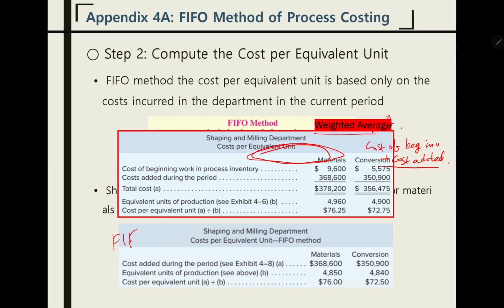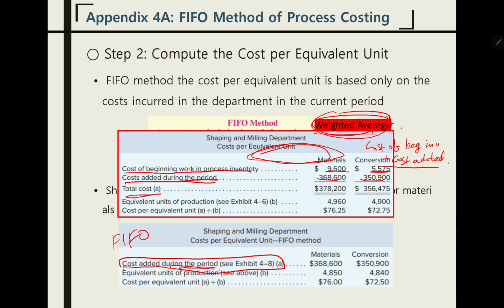So under the FIFO, we only account for the cost added during this period, but under the weighted average method, we also include the cost of beginning work in process inventory, right? In addition to the cost added during the period. Okay? So total cost is bigger than the numerator of the FIFO method, right?